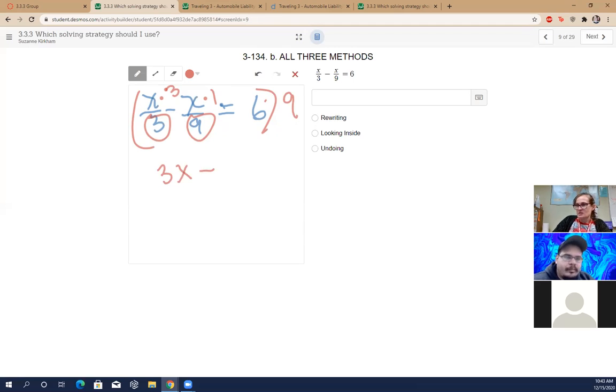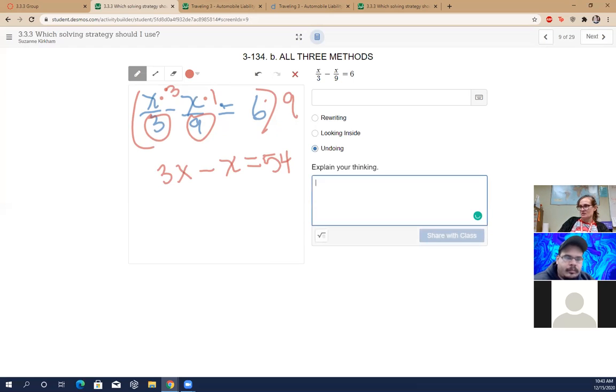Okay, so the first one, x times 3 is 3x minus x times 1 is x equals 6 times 9 is 54. Okay, so 3x minus x is 2x. 2x equals 54. What do we do now?